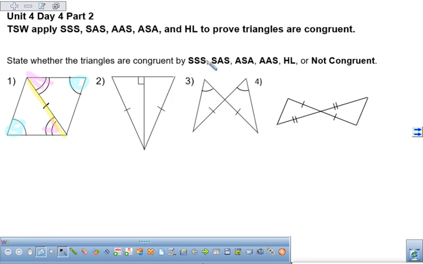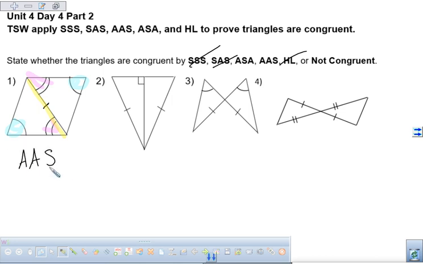We have 2, so I'm going to mark out everything that doesn't have 2 sets of angles that are congruent. And then we're looking at that side. Is it included between the 2 angles in one triangle or not? These are not, so this is angle, angle, side. For those of you who said that they were, you were looking in 2 different triangles. Make sure to cover up the extra triangle so you aren't getting confused by that.